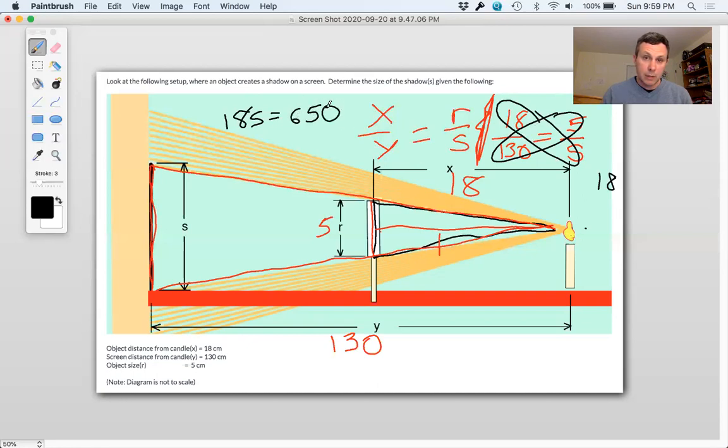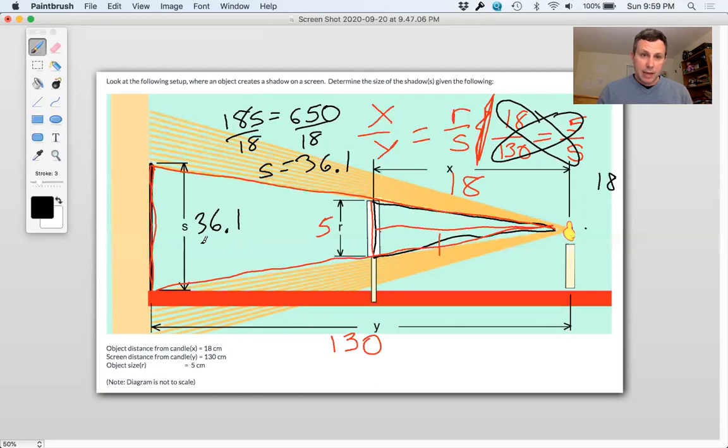So that's the cross multiply, and for the divide, I want to get s by itself. So I divide both sides by 18 to find out what s is. So then s is going to equal whatever 650 divided by 18 is. In this case, it is 36.1 approximately. I am rounding that slightly. So what that means is the length of the shadow is 36.1.